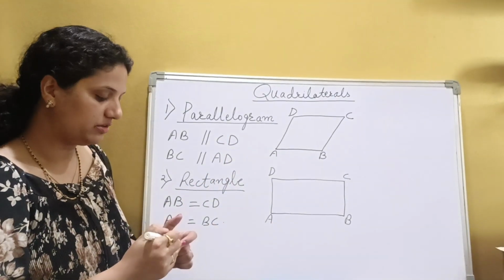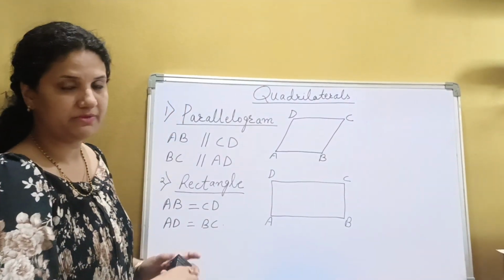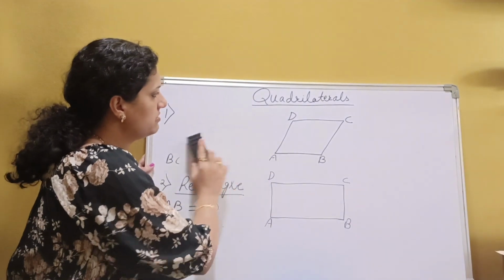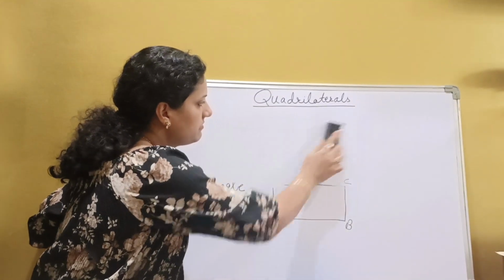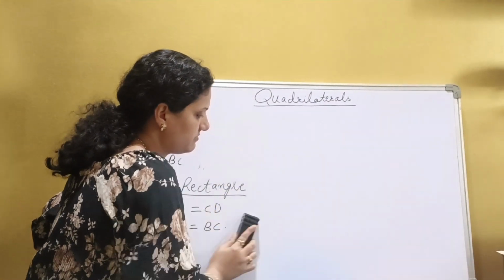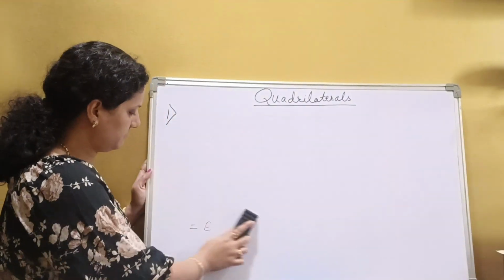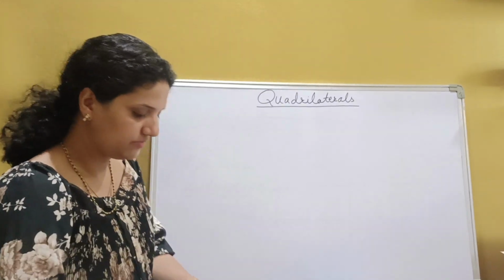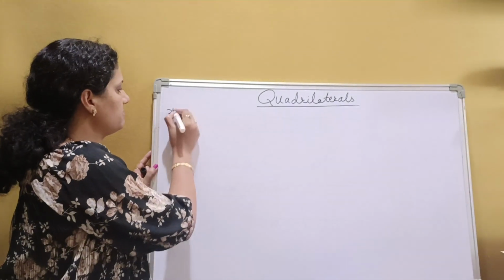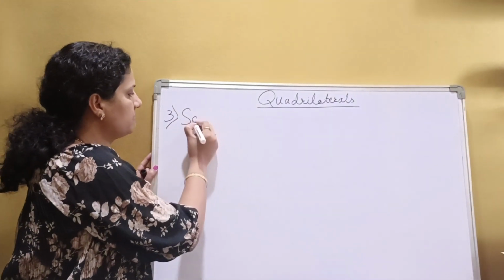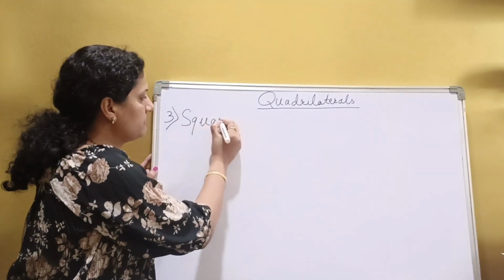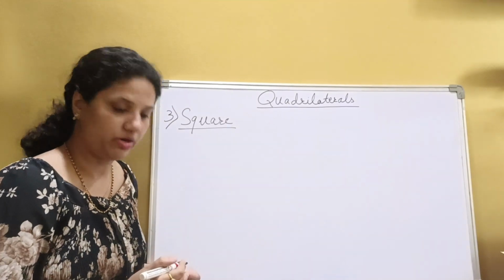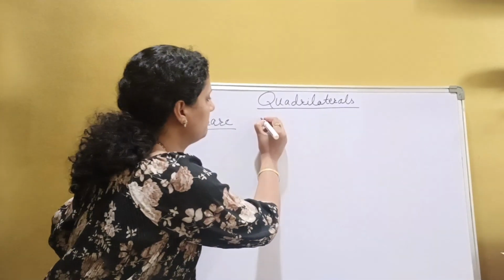Got it? Now our third type is square. This is also a type of quadrilateral.